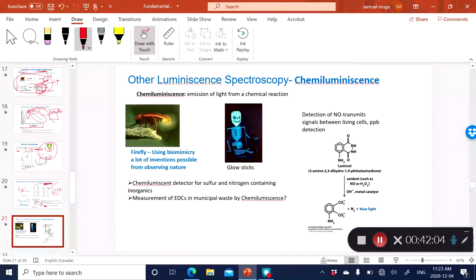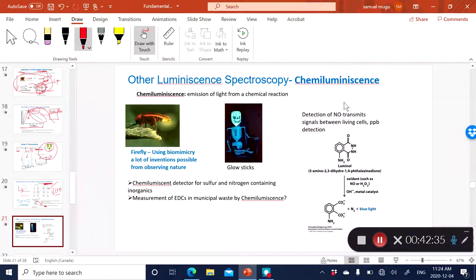Other than fluorescence, you also have phosphorescence, but you also have another technique called chemiluminescence. Chemiluminescence is another type of luminescence spectroscopy that is a bit different from phosphorescence and fluorescence, okay? With chemiluminescence, as the name suggests, you're getting the emission coming from a chemical reaction.